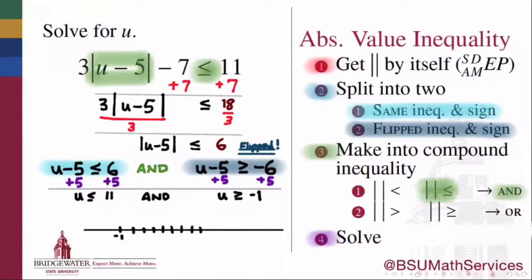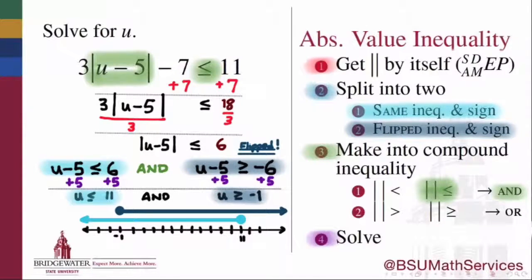Sketching each of those pieces separately on a number line, sketching u is less than or equal to 11 as a set beginning at 11 and continuing infinitely far to the left, sketching u is greater than or equal to -1 as a piece beginning at -1 and continuing infinitely far to the right, and then, using the AND connector, we will select only those places on the number line where these two sets overlap one another. These two sets overlap one another only in between -1 and 11.